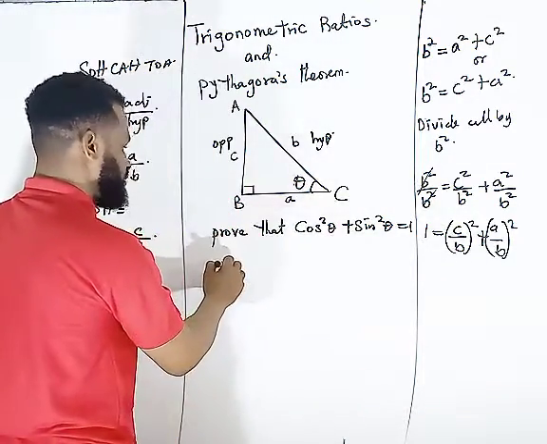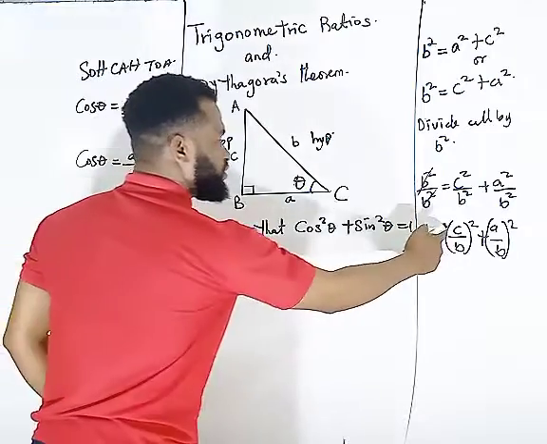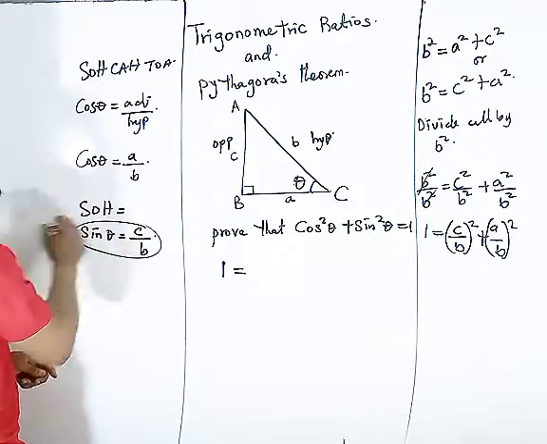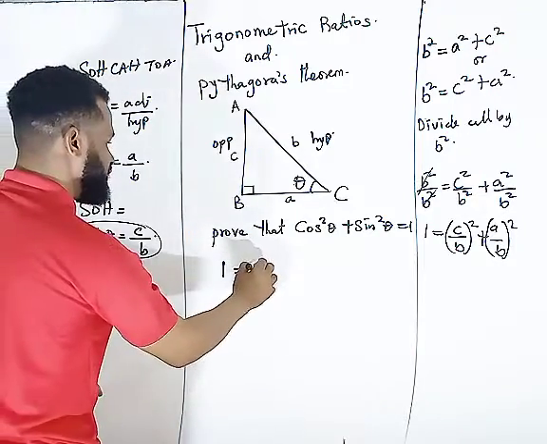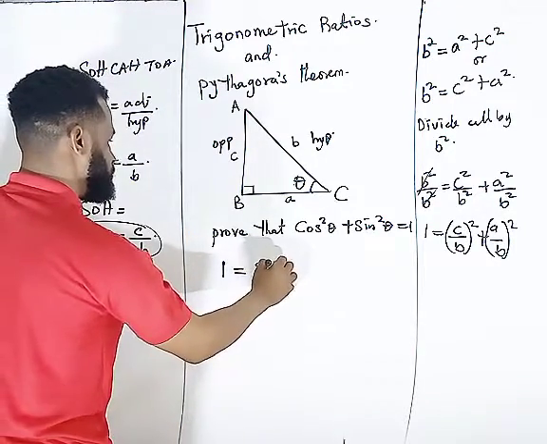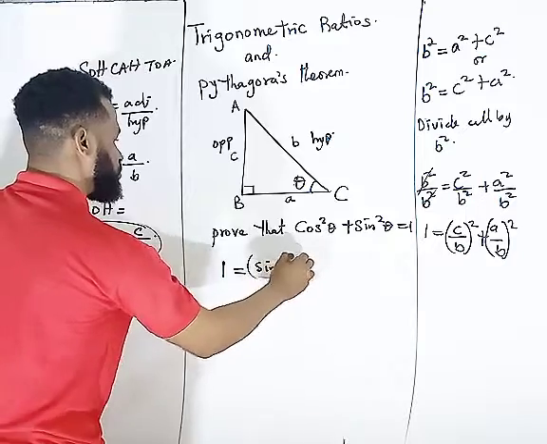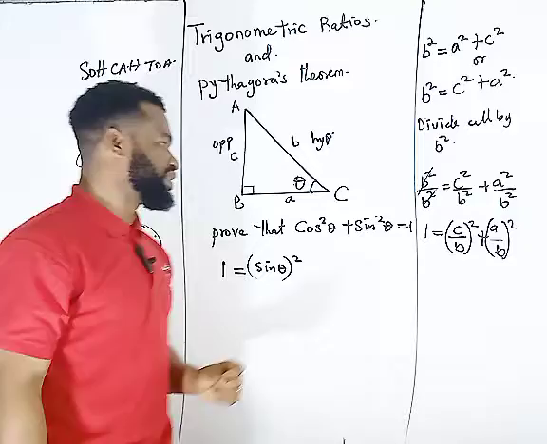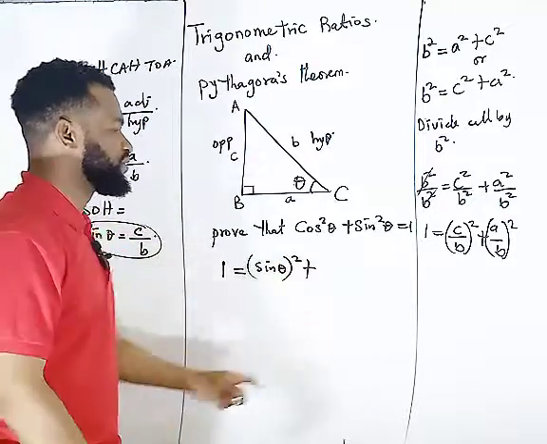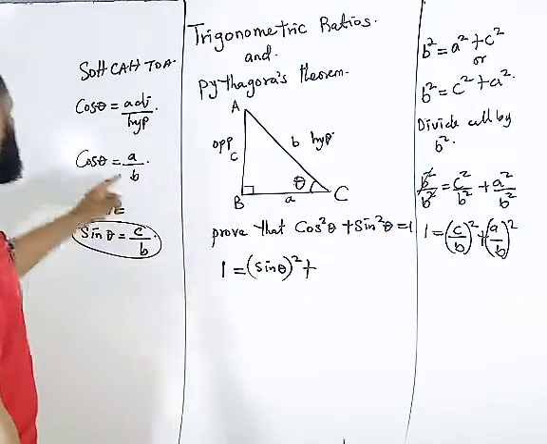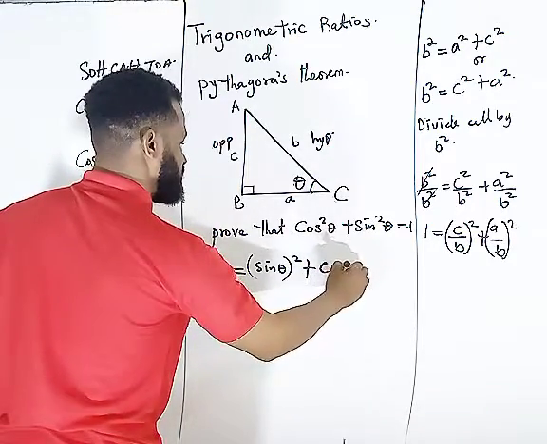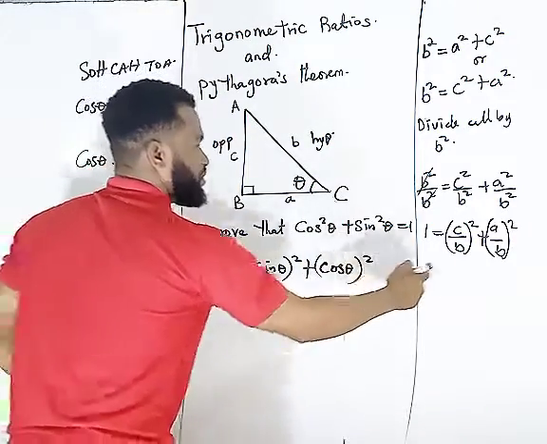I have that 1 is equal to C over B, and C over B is sine. So I'm going to say sine theta all squared, because C over B is sine and it is squared. Plus A over B is cos, and this is cos theta, all squared because it is squared.